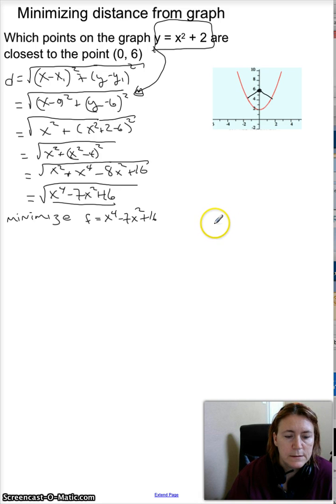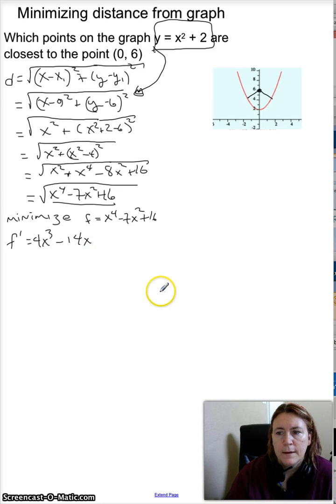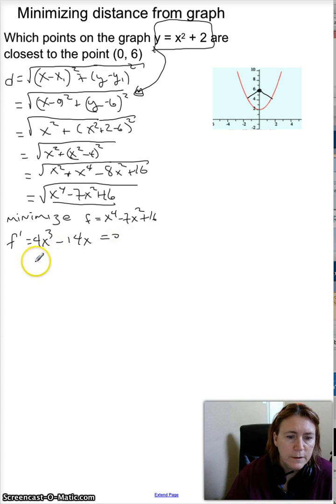Now let's take the derivative. F prime is 4x cubed minus 14x. Now, where is this going to be 0? Can I pull out a 2x?